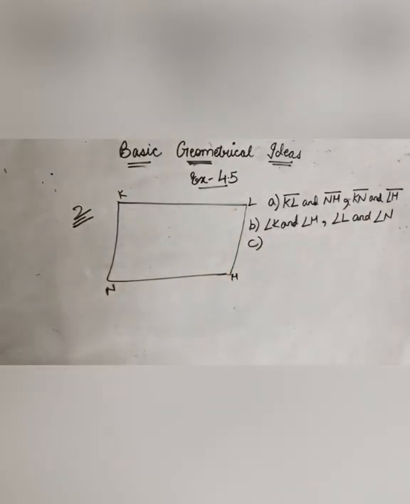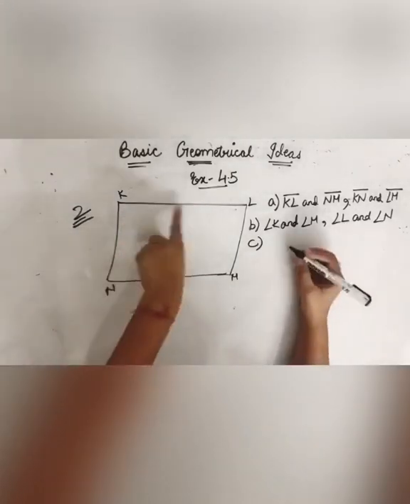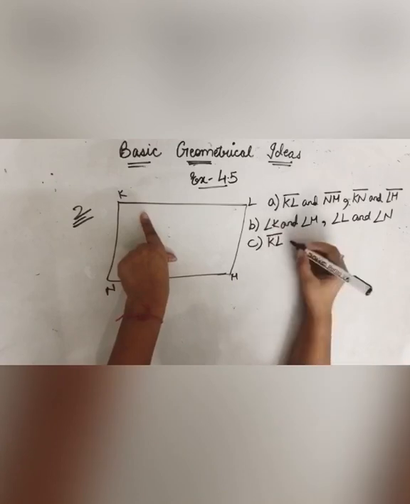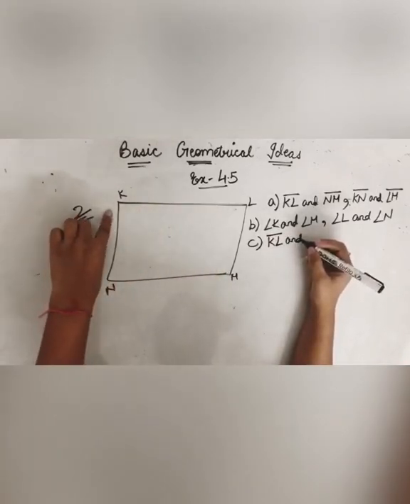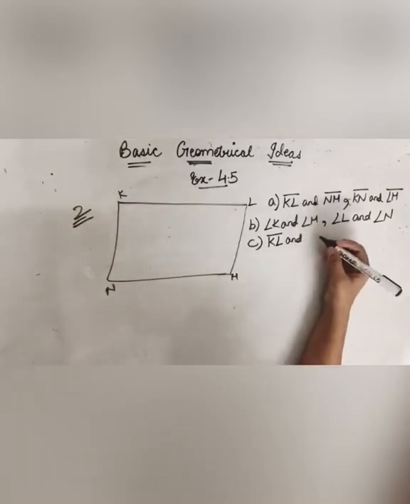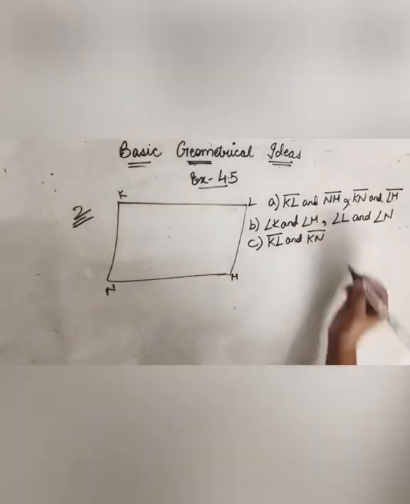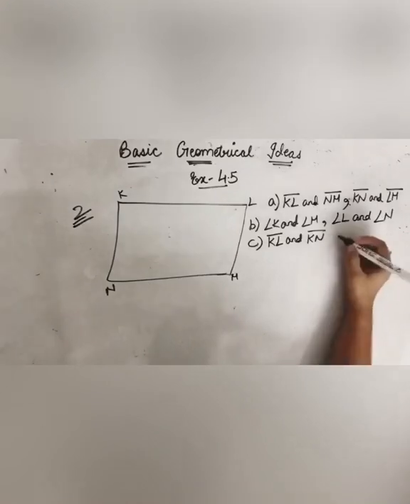C part, two pairs of adjacent sides. So if I am taking KL, the side adjacent to KL can be KN and also LM. So you can write any side. I have written KN.